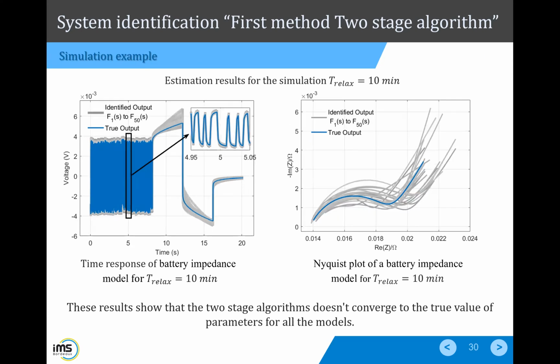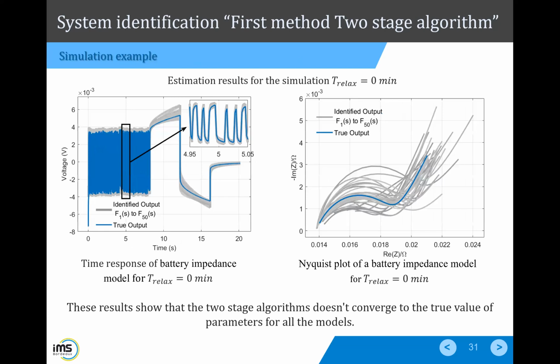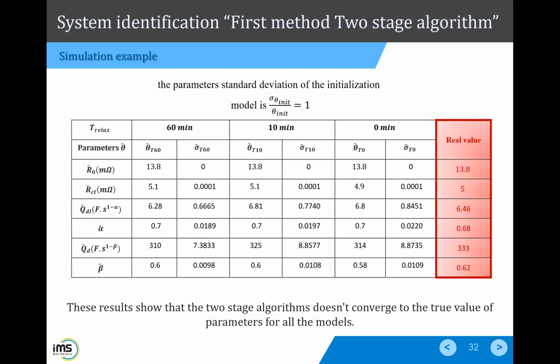It's the same for the different relaxation times. In this table, as you can see, the algorithm doesn't converge for all the parameters. This is why we needed to develop another technique, based on algorithms that converge, because the two-stage algorithm doesn't have a proof of convergence.